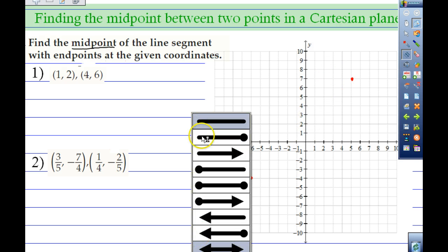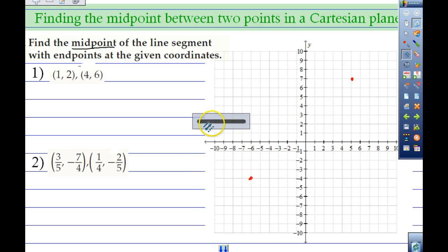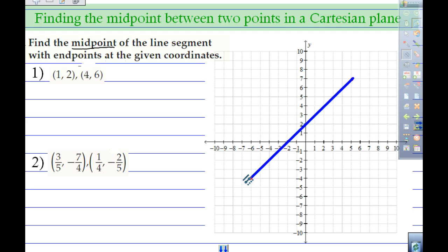This will be a segment. The exact middle. I can kind of estimate it, but they're not always going to be some nice numbers. So I know it's going to be somewhere right here. It's 6, 5, yeah. It's going to be somewhere around here. But how can I get that for sure?